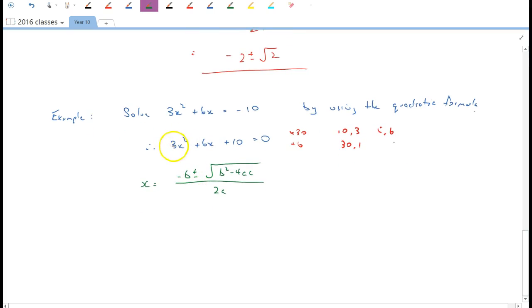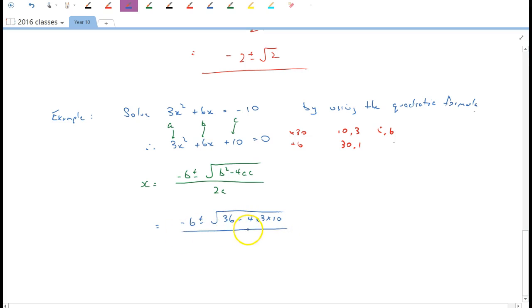Now let's just identify my a, b, c. a is there, that's 3. b is there, that's 6. And c there is 10. Everything's positive, so that makes it a bit easier. Minus b, so I'd put that minus 6 straight in there. b squared, b is 6, so b squared is 36. Minus 4 times a, 3, times c, 10.